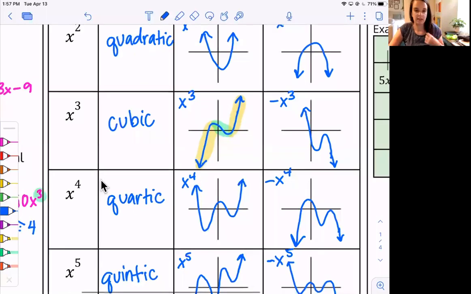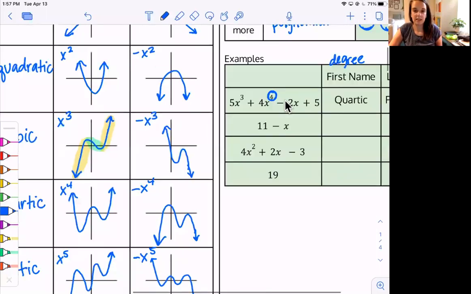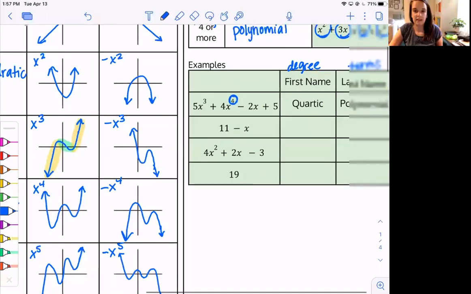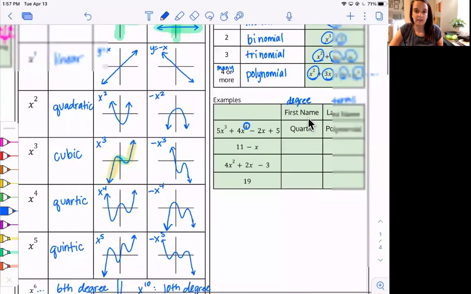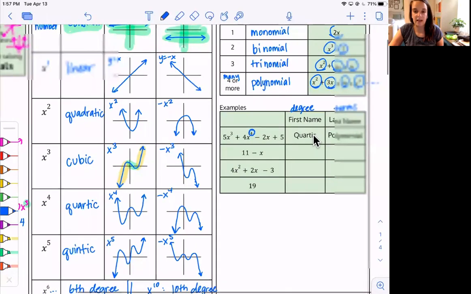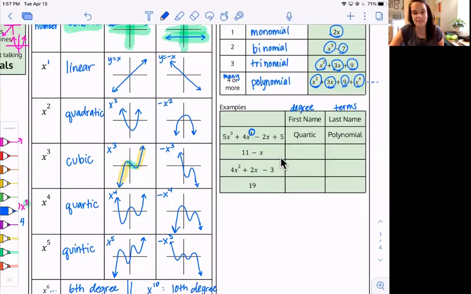So if x to the 4th is quartic, then we have 1, 2, 3, 4 pieces. So those 4 pieces, that makes me 4 terms polynomial. Right. So first we look at the exponent, and then we look at the pieces, polynomial. Okay.